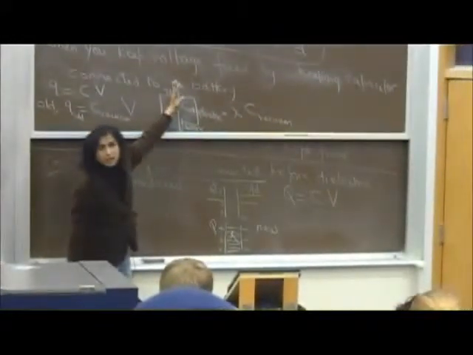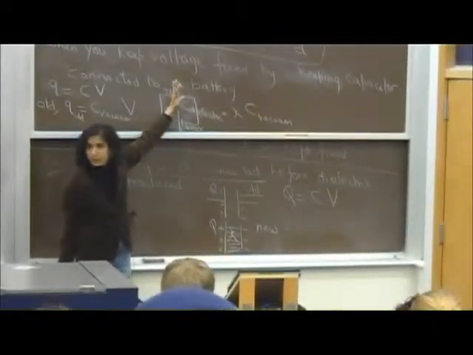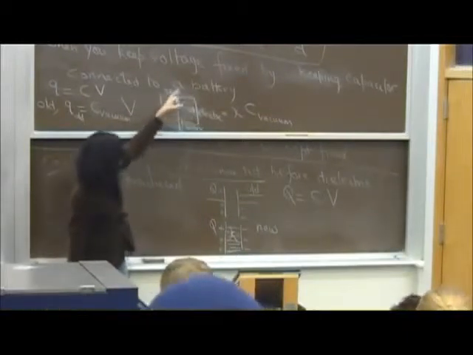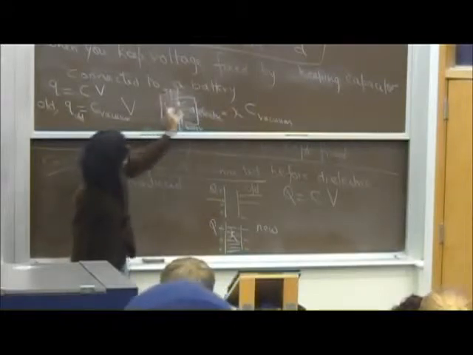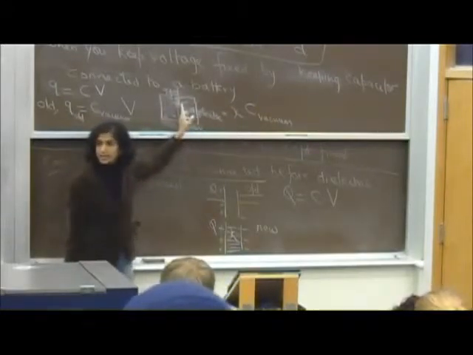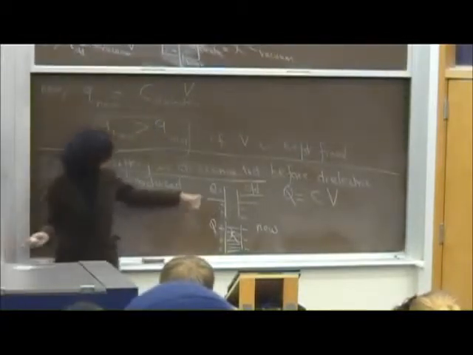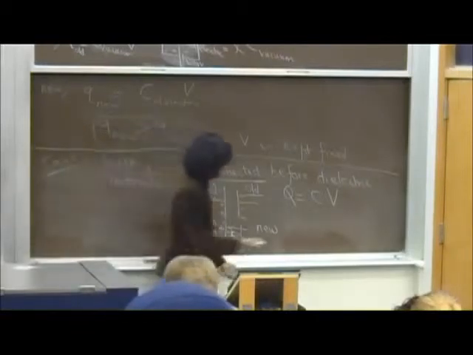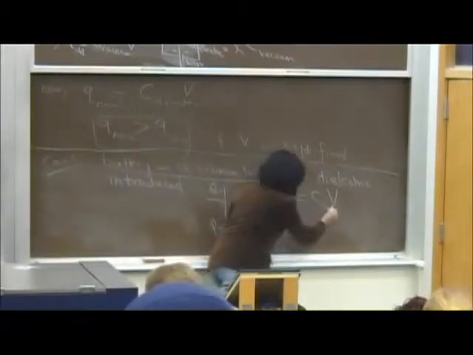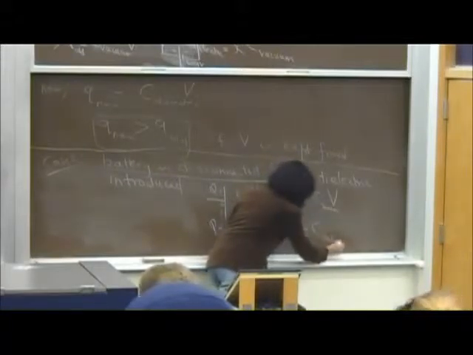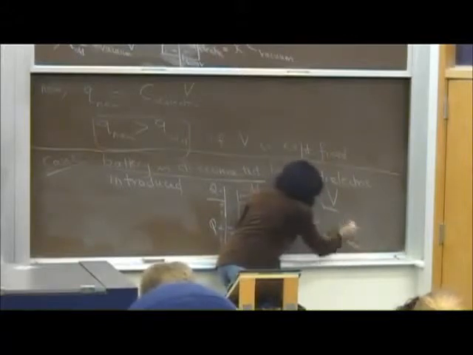There's no battery here. There's no current flow in the circuit. As soon as I introduce the dielectric, what do you think will happen? Will there be a current flowing again so that the charges rearrange themselves such that the voltage again becomes 3 volt, as in that case? On the other hand, here there is no battery in the circuit. So Q is fixed. So this is C vacuum, this is the old case. Then what you have is Q equal to C dielectric times V new. This is V old.